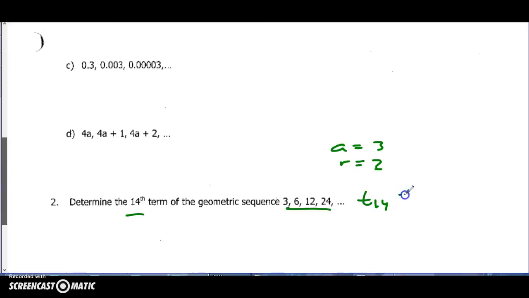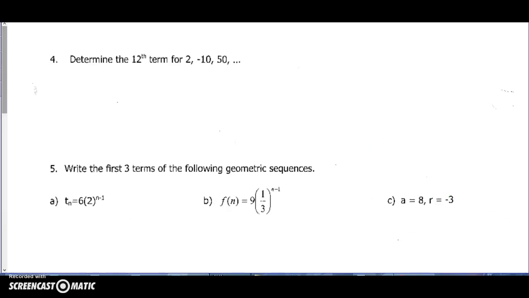Then I have A R to the n minus 1. A is 3, R is 2, n minus 1 is 13. 2 to the 13, throw that in the calculator, multiply that by 3, and you get 24,576. Okay, that's your general question there.